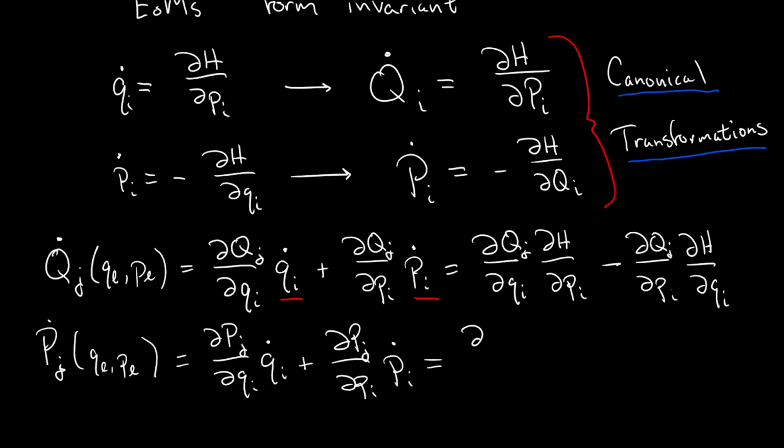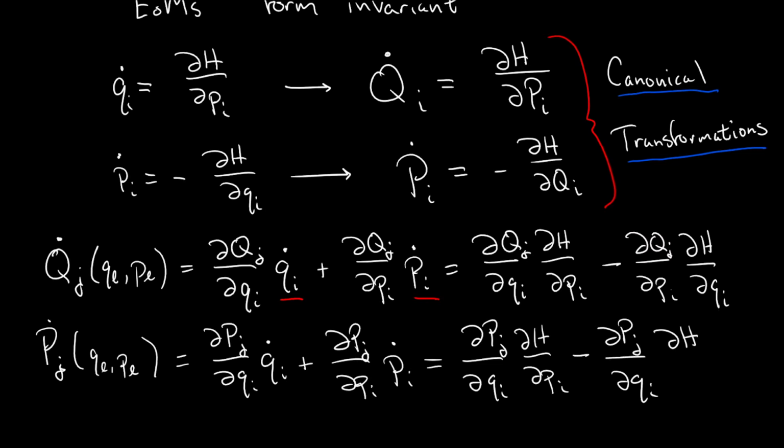Looking at the line above, dH/dp_i minus dP_j/dp_i dH/dq_i. This should be q sub i. This here should be p sub i.